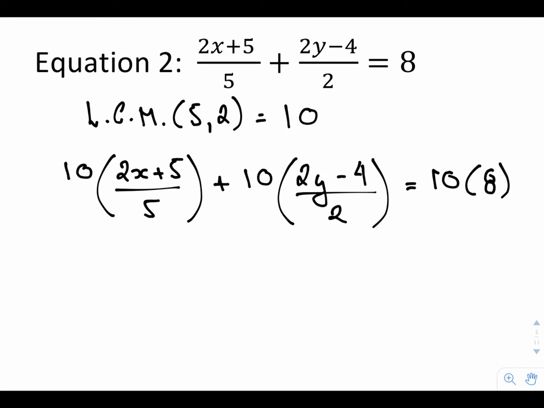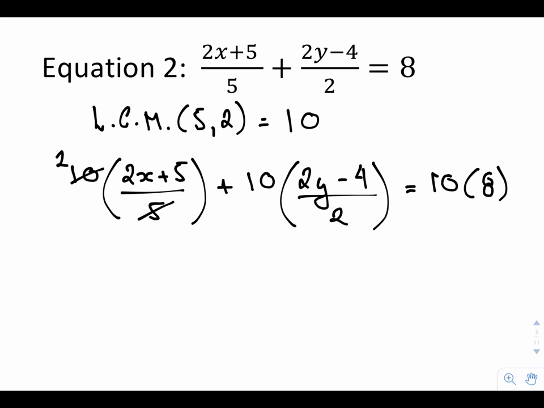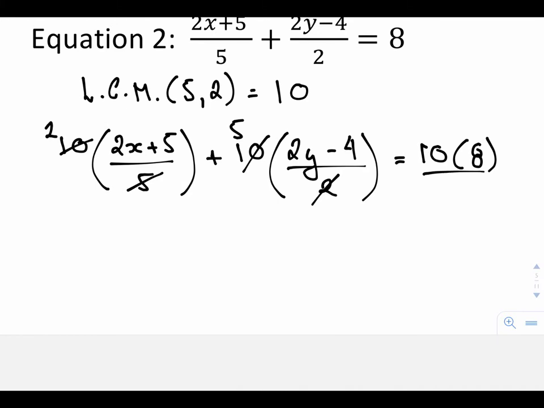Same thing, I look at how many times 5 divides 10, the answer is 2. I look at how many times 2 divides 10, the answer is 5. And then 10 and 8 will give me 80.